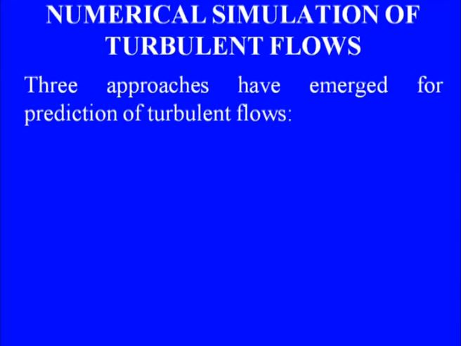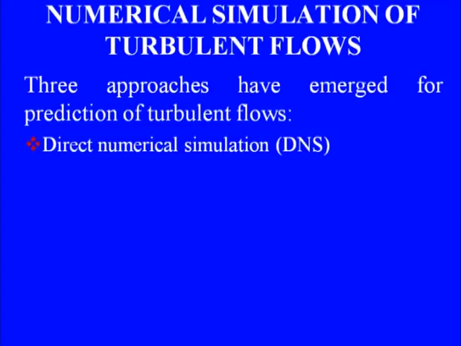So, there are three approaches which have emerged for prediction of turbulent flows. The first one is what we call direct numerical simulation. Direct numerical simulation is the simplest one. We said, look, we are going to take a grid which is fine enough, a grid size of the same order as our Kolmogorov length scale eta, and a time step of the same order as the Kolmogorov time scale tau eta.